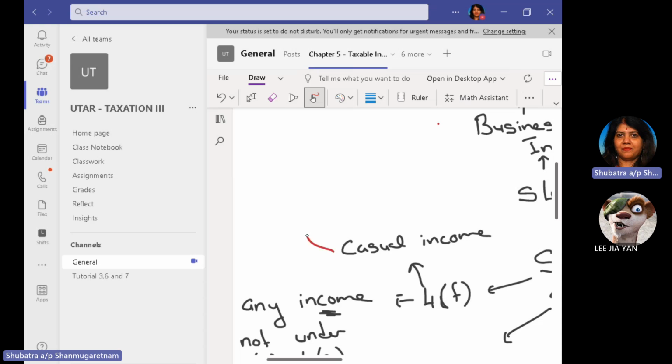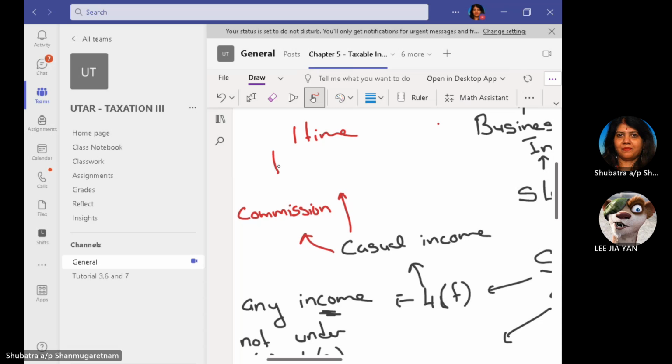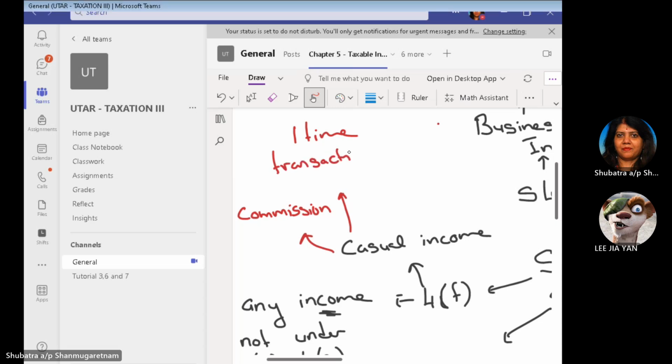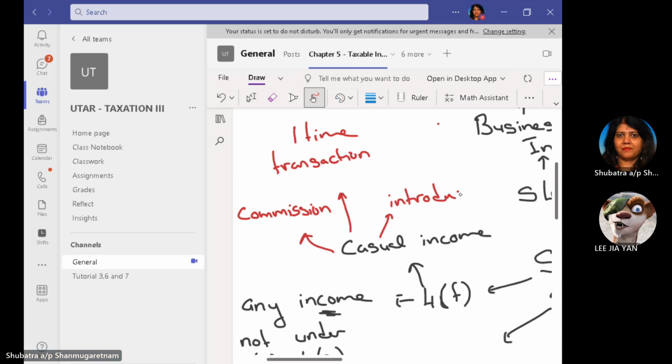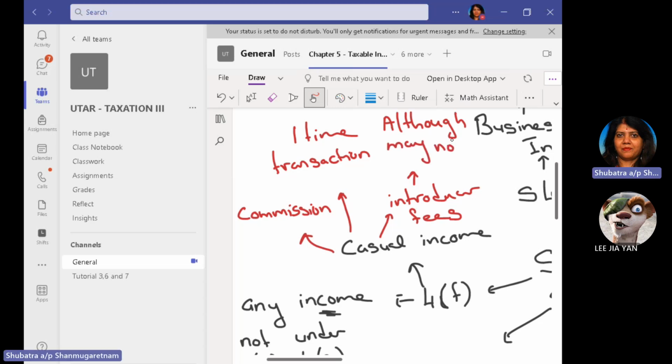So this would mean commission, one-time transactions, introducer's fees, although it may not be cash.